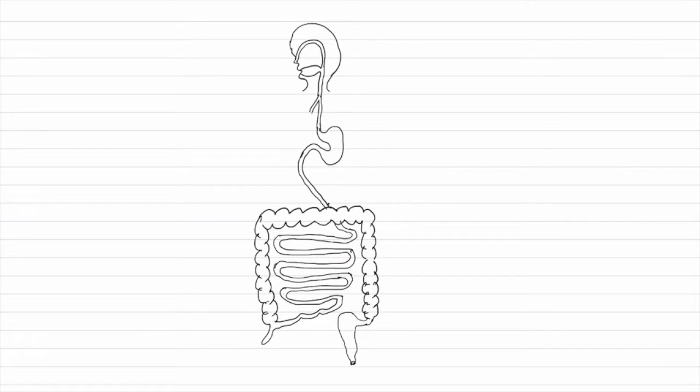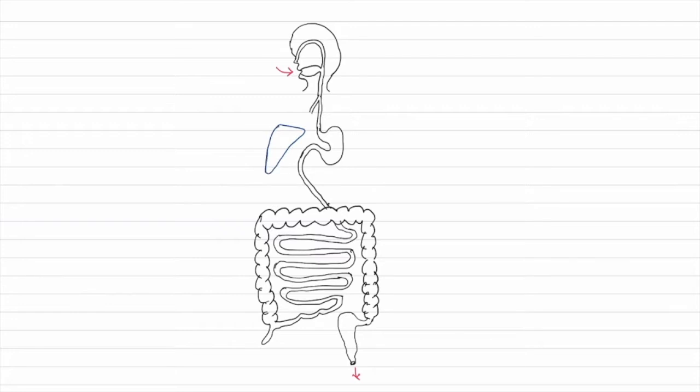The tube-like structure that forms from the mouth to the anus is generally known as the alimentary canal. Now, other parts interrelated with the digestive system, the digestive glands, are the liver.